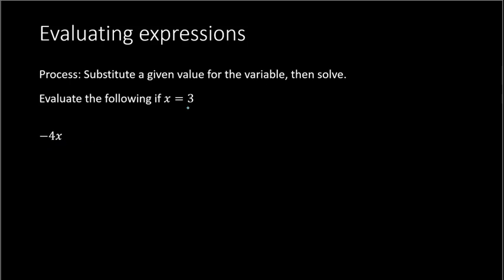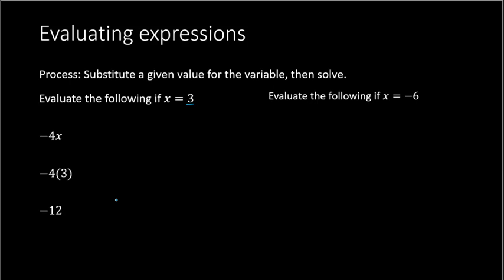But in place of x, we're going to put in the 3. So now we have negative 4 times 3. When you multiply and you have different signs, negative times positive, your answer is going to be a negative number. And 4 times 3 is 12. So your solution would be negative 12.